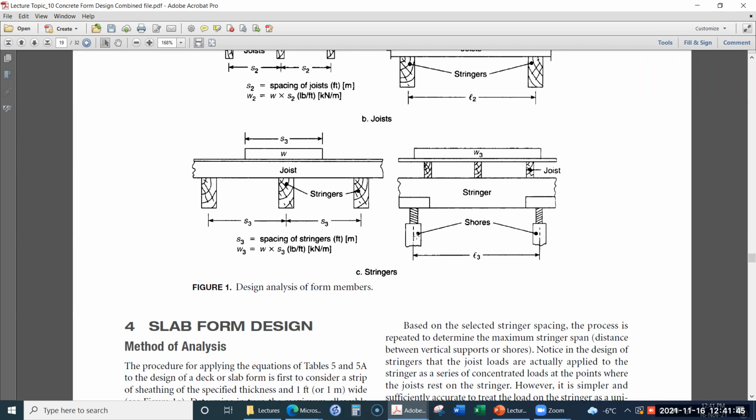That will complete our design. So this is the design situation.